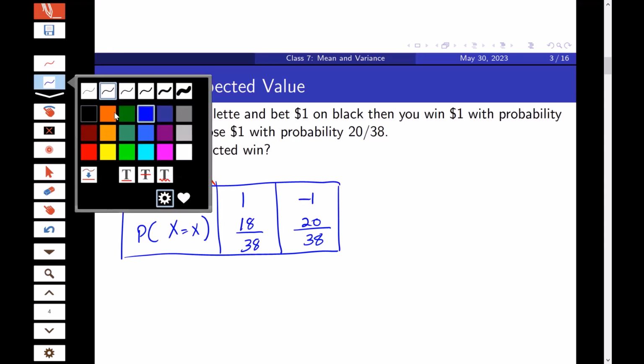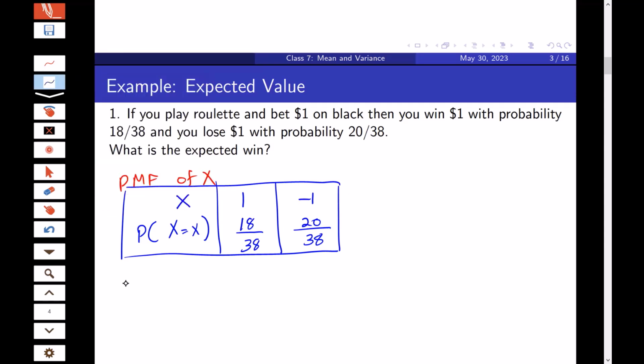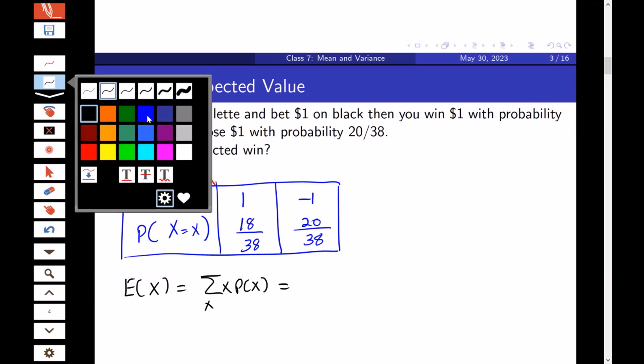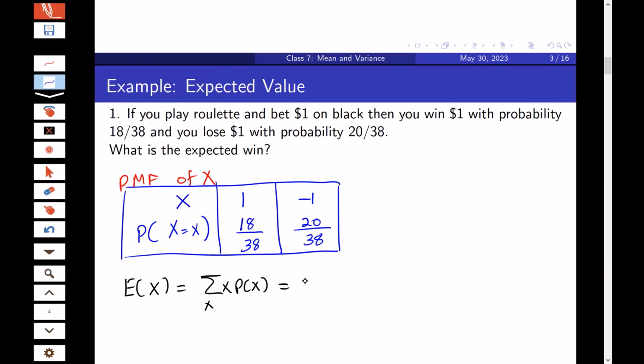Now let's use the equation and find the expectation. I would recommend that you write down the equation first before plugging in. This will automatically help you memorize these equations. Now I'm going to plug in. When you are doing this in an exam, you can just multiply.